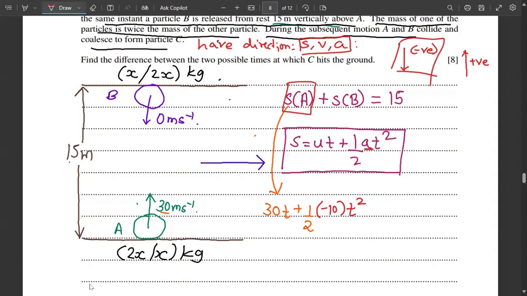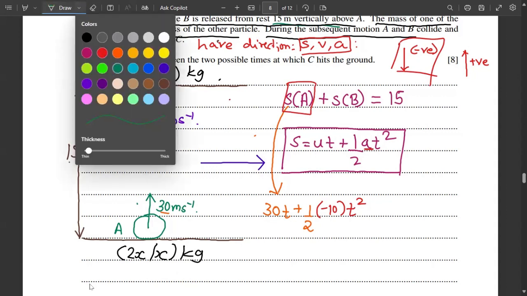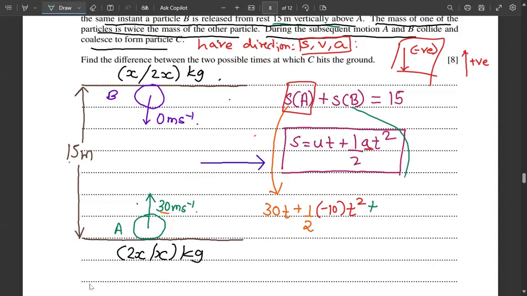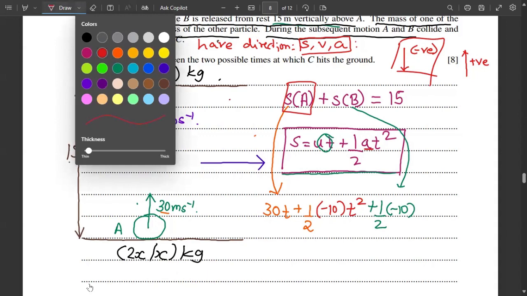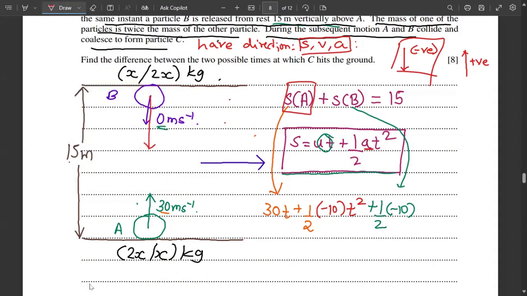Now let's talk about S of B. Displacement of B, again we can use S equals ut plus half at square. U will be 0, so this entire thing will become 0. Half at square will become half into -10, because even here gravity is acting downwards, -10 meter per second square.